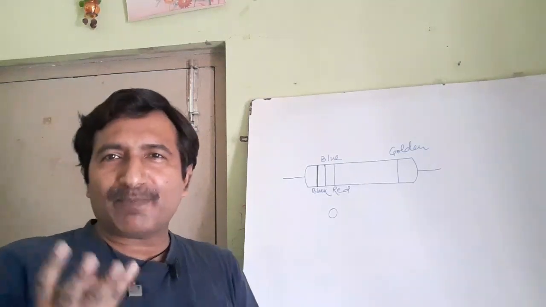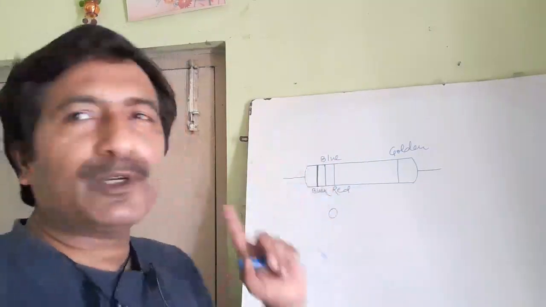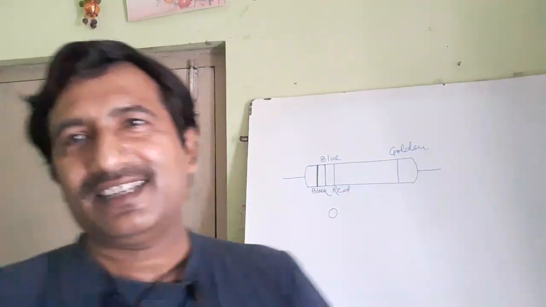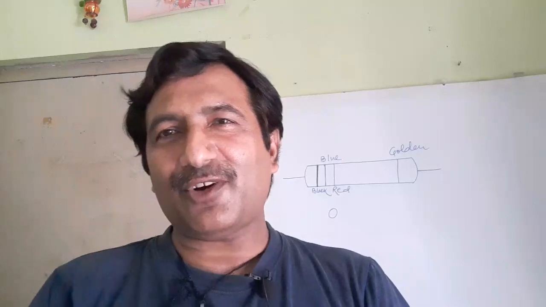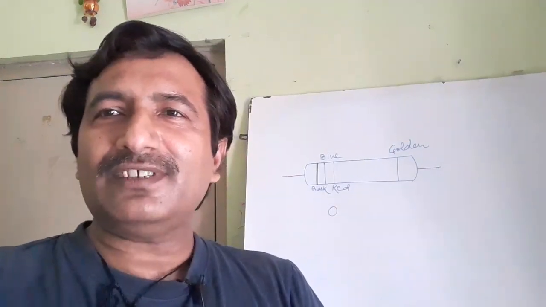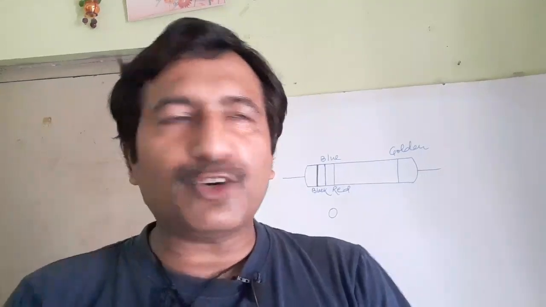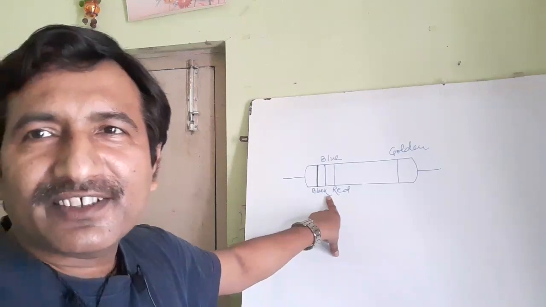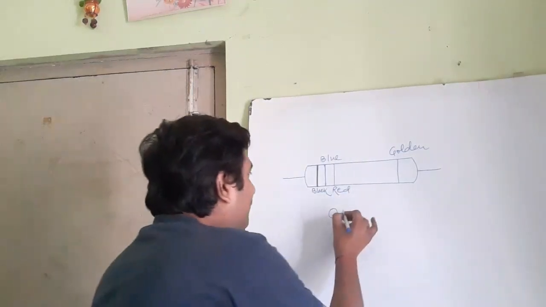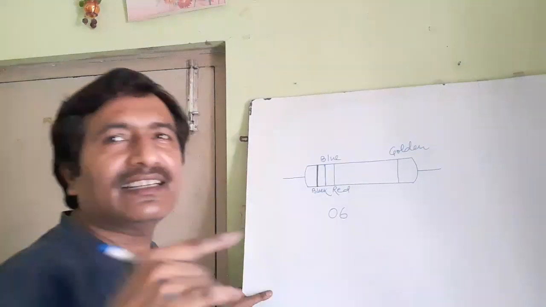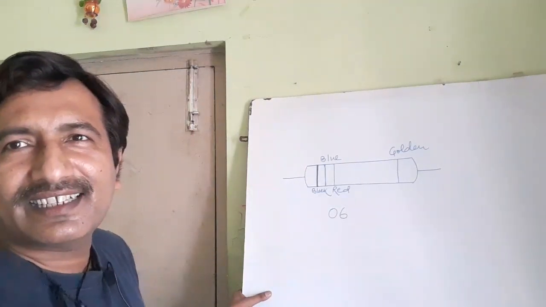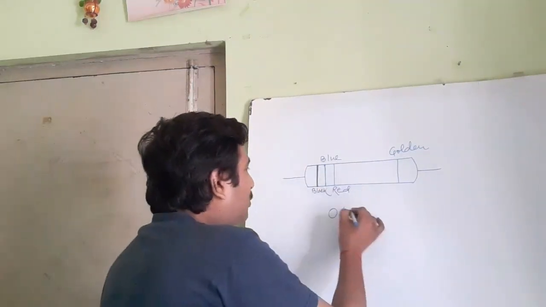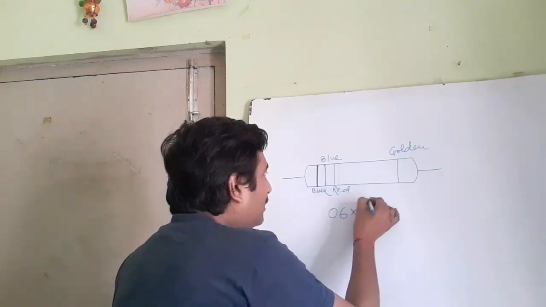The second is blue, which is 6. And then red, which means 2, that is, times 10 power 2.